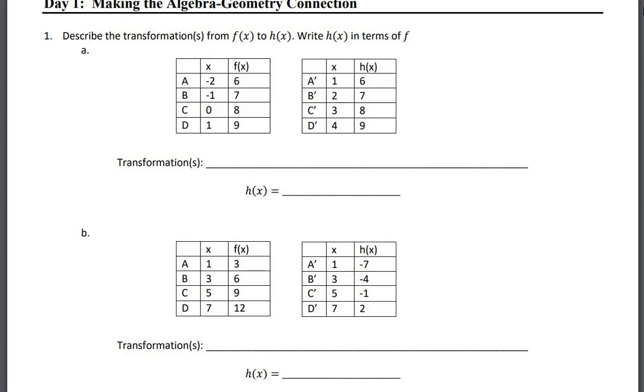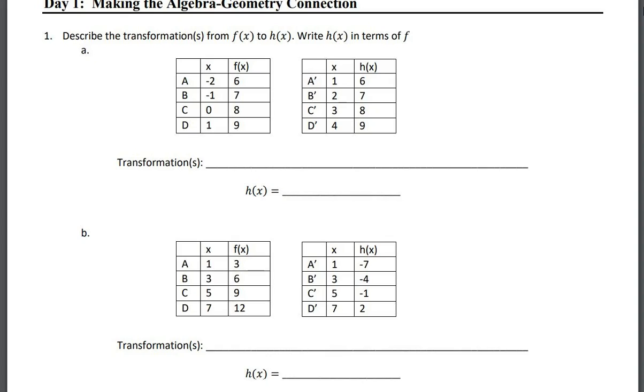When we write our equation, we are going to compare the changes in x and the changes in y. And we're writing the function h of x in terms of f of x. So what that means is, because we don't know what kind of function this is, we don't know if we're looking at quadratics, at absolute value.